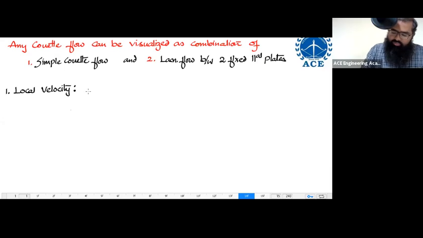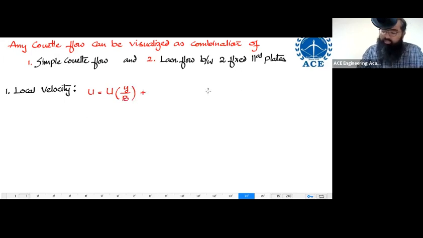The formula for local velocity here has to be the formula of local velocity in simple Couette flow plus local velocity in laminar flow between plates. Now tell me, how much is this? This is equal to capital U into Y by B plus, what is this formula?